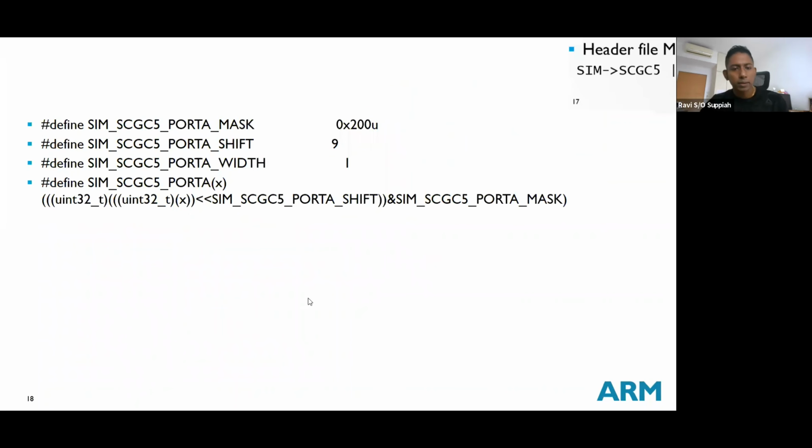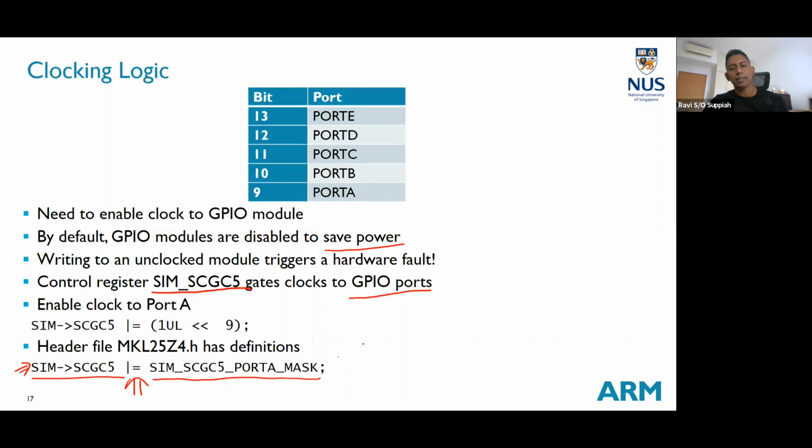Okay, so this example here is actually basically just a shortcut method. Instead of using the macro, what they have shown here is you directly use the mask. And why does this work? Because in our case, we want bit 9 to be set to a 1. Correct? We want bit 9 to be set to a 1.